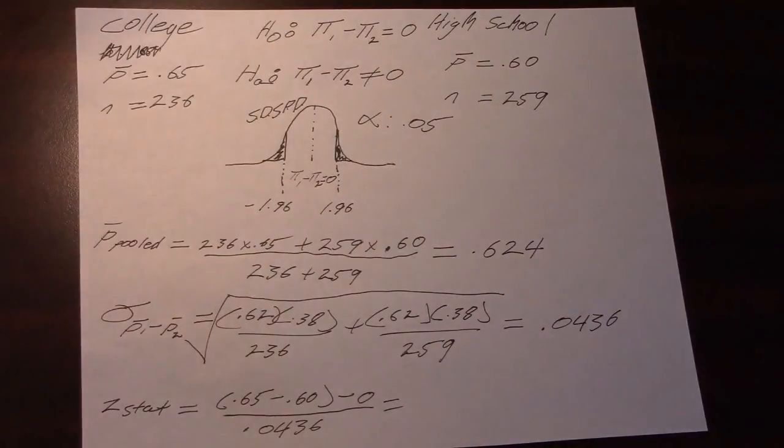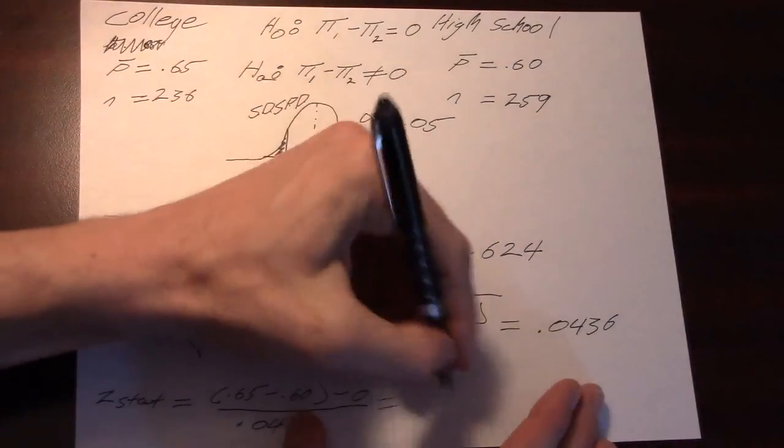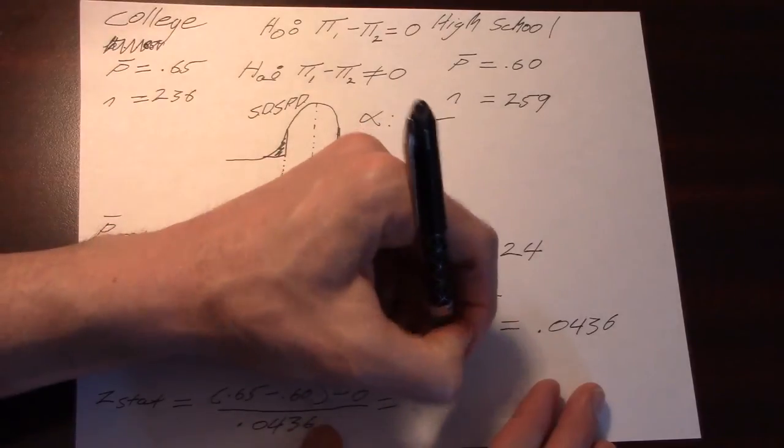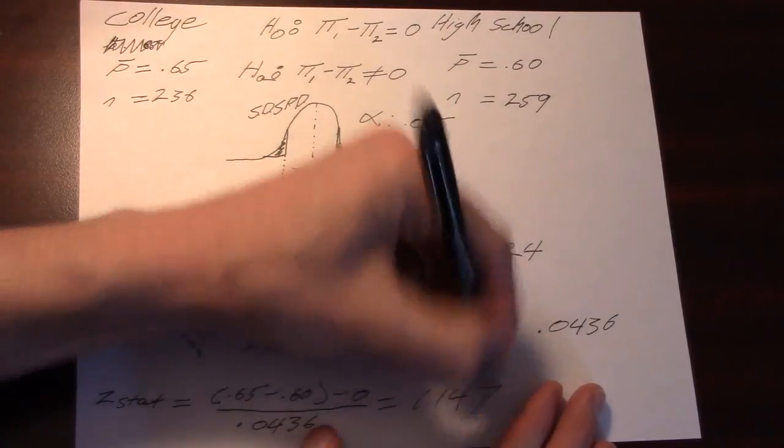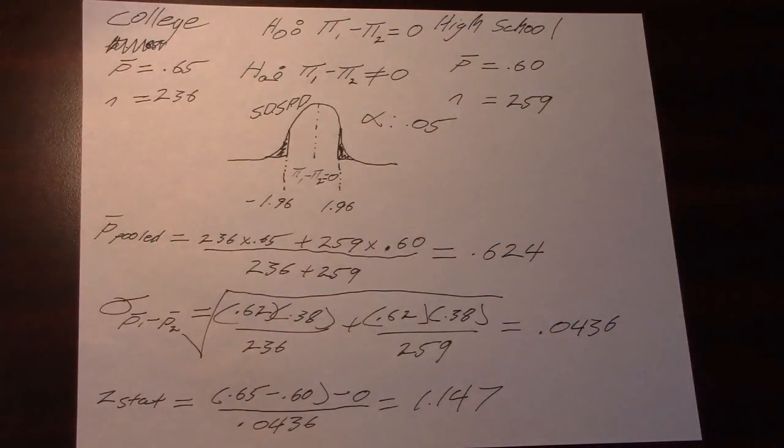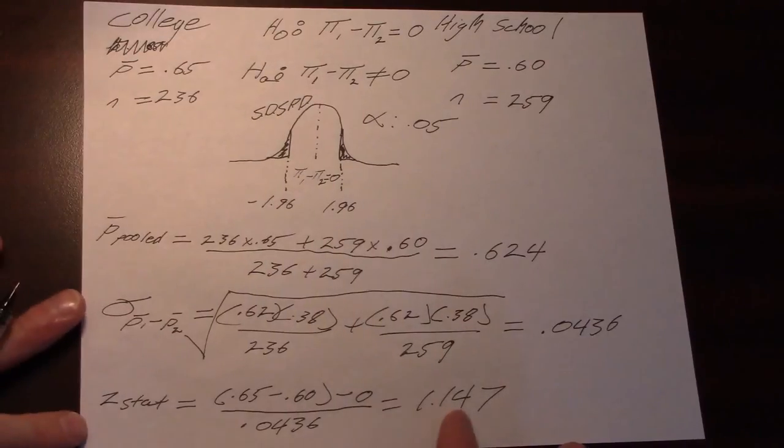Alright, so let's see, I stored that as 3. So 0.65 minus 0.6, divided by recall 3. Alright, and that's going to give me a z-stat of 1.147. Nice.